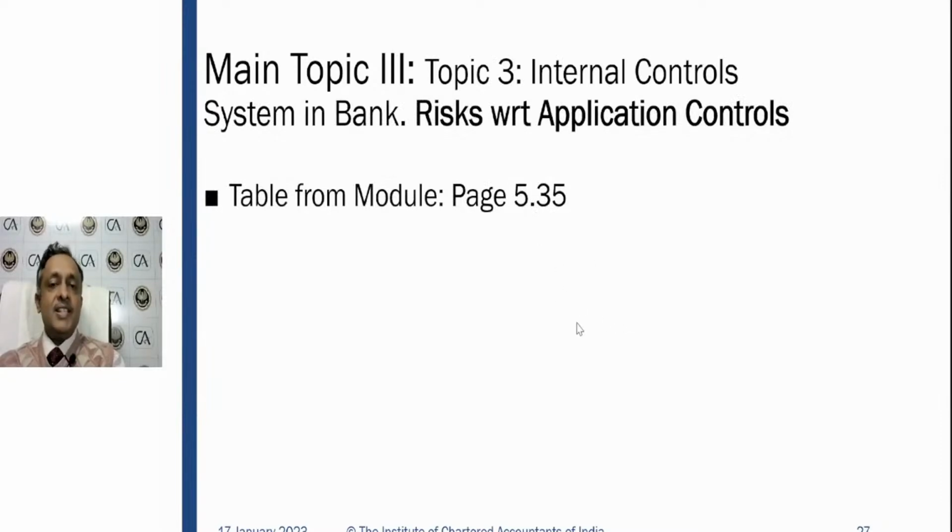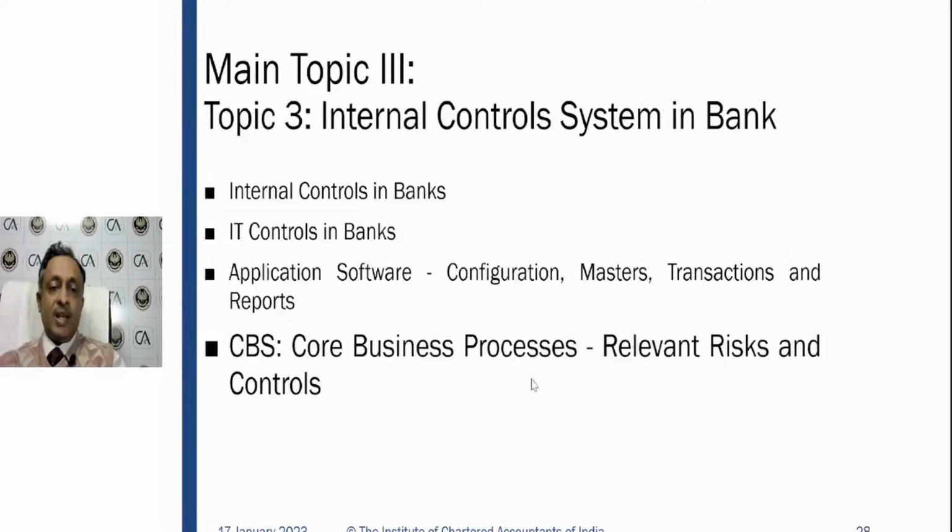Then risk, we have talked about this, the risk with respect to control table 5.35. So that is then core business processes, relevant risk and controls. Again, lot of discussion we are going to do here. Okay, so lot is there in the module. We'll take help from the module, and lot of discussion we are going to do here also.